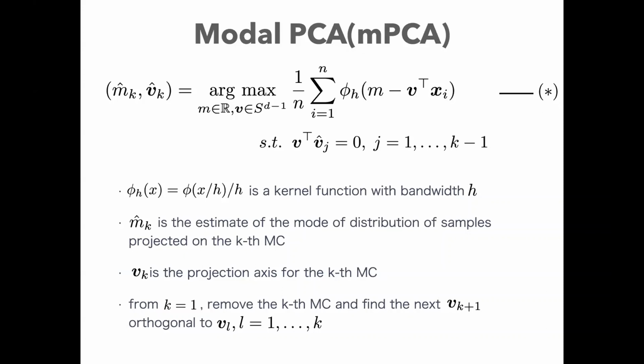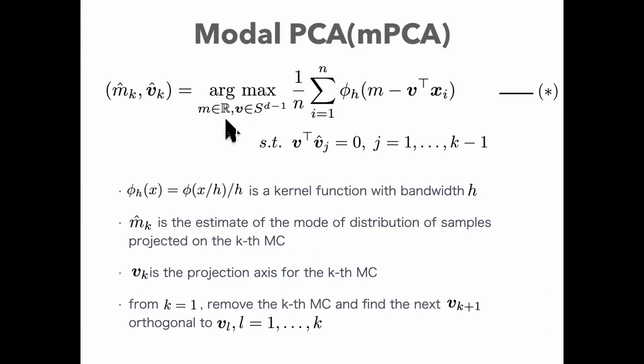It is an optimization problem with respect to M, the mode, and V, the projection vector. Simultaneous optimization seems to be quite difficult, so we iteratively solve for M with a fixed V and solve for V with a fixed M.